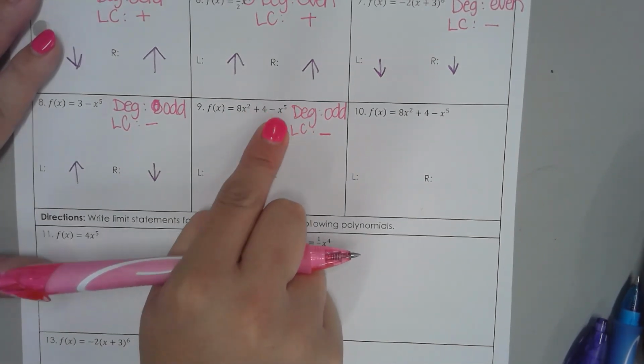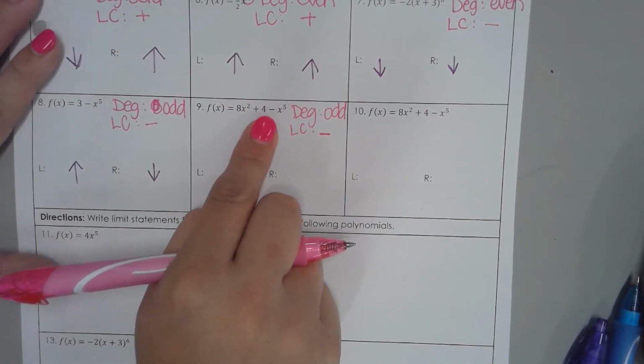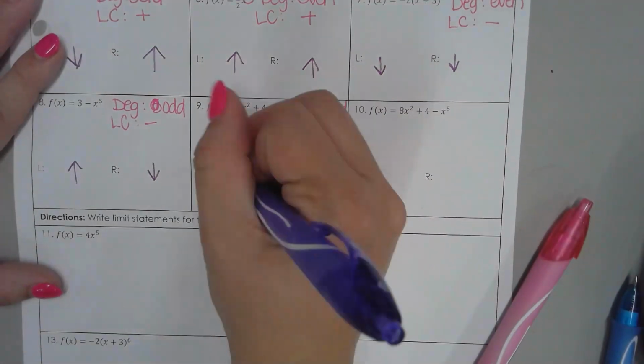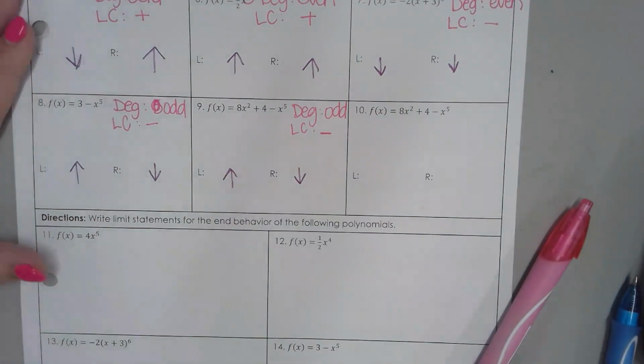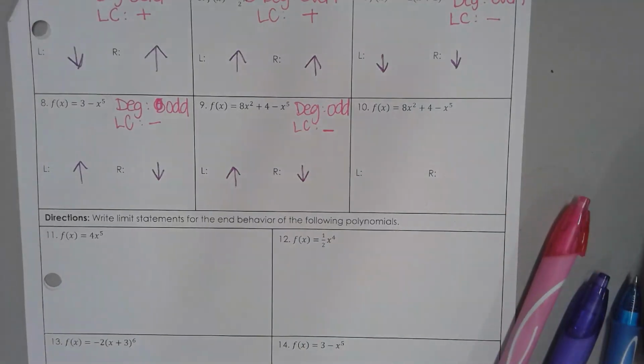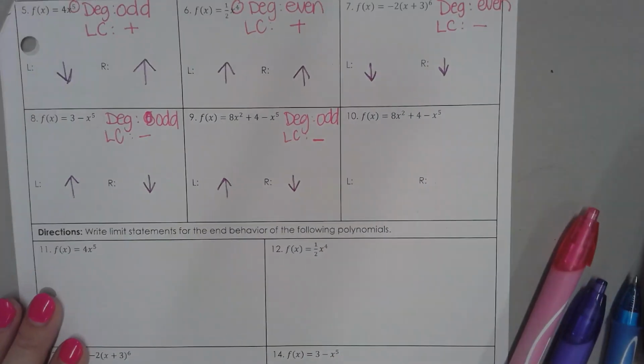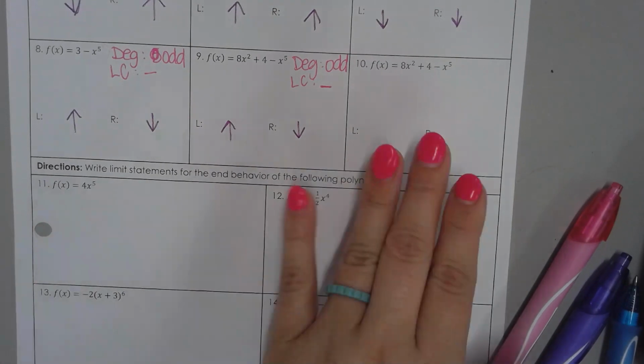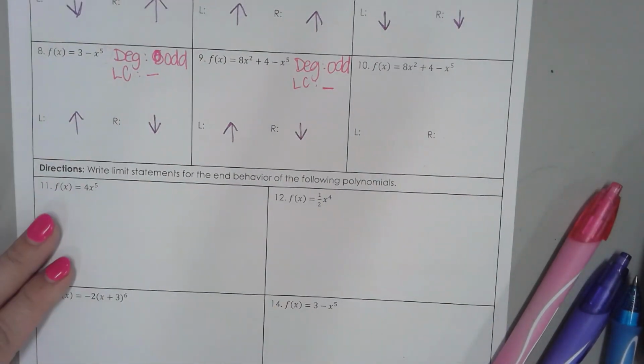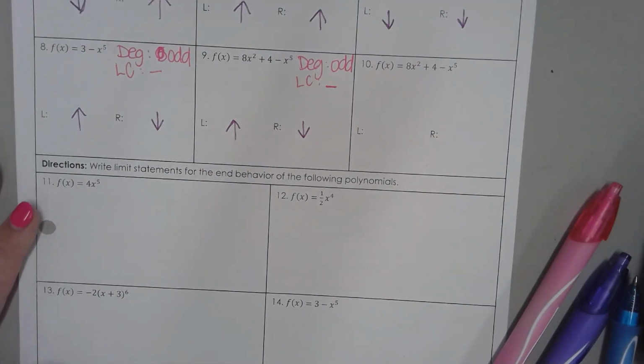So you look at the sign in front of that specific term. So up, then down. And 10 is the exact same. I gave you the exact same equations.